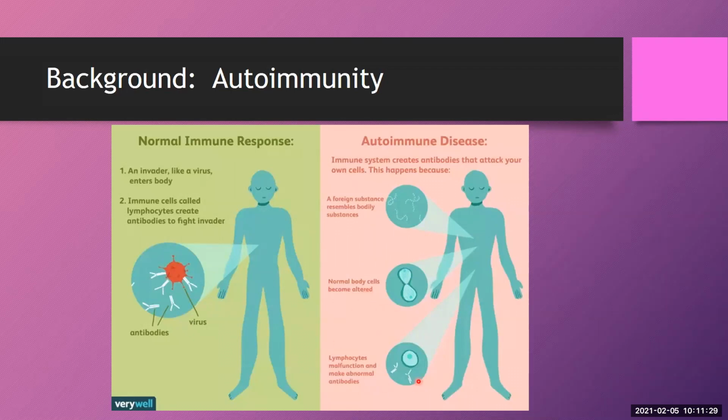And then the last option is that lymphocytes and plasma cells, the cells that create the antibodies themselves, malfunction and then make abnormal antibodies against our own tissues. And again, this is a very, very complex and vast topic, but I just wanted to touch briefly on it at this point because it does have a role in IgA nephropathy.